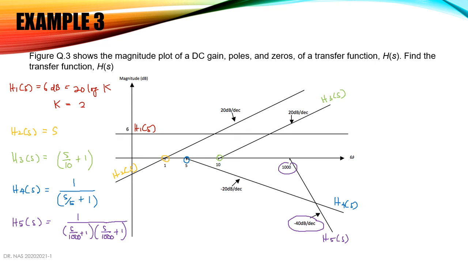If you have one pole, the line will have a negative slope of negative 20 dB per decade. So when you have negative 40 dB, you have 2 times the negative 20 dB slope. So H5(s) equals 1 over (s over 1000 plus 1) squared.